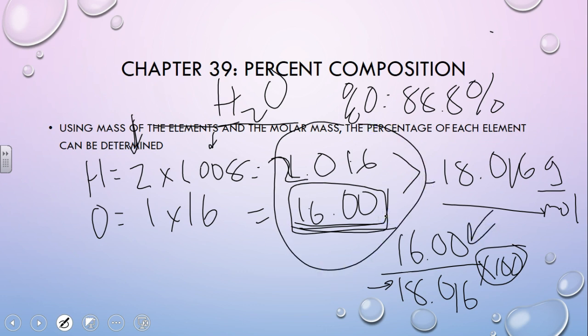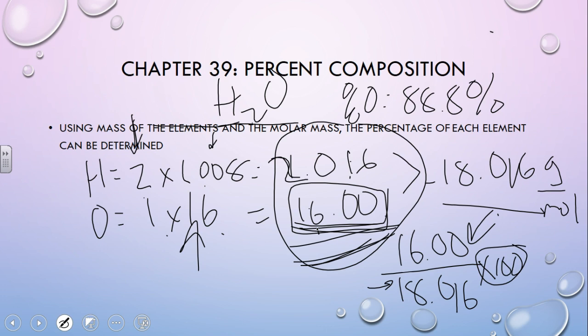A lot of people will just put it in the calculator and not worry about it, but that means you're going to have to do more work when it comes time to do a percent composition problem. So the easiest thing to do is to do it the way that I've shown you. Take the number of each atom, multiply by the molar mass from the periodic table for each one, and then once you do that, you can do a percent composition problem pretty easily.